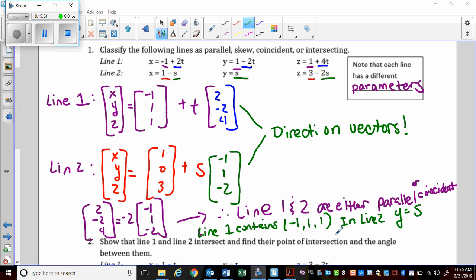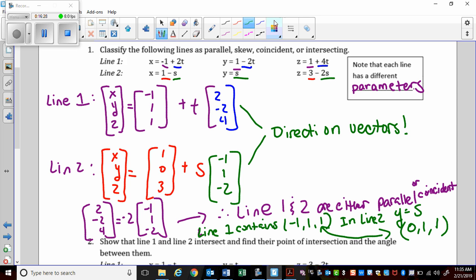So let's say s is 1, because we want to know if this is a possible solution. Then y can equal 1, but are x and z going to equal 1? Well, if s is 1, then I have 1 plus negative 1 is 0. Then it would be 0, 1, and 3 plus, when x is 1, this is going to be negative 2. So we have 1.